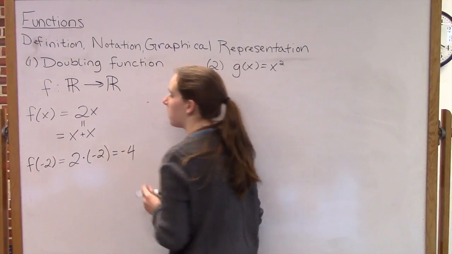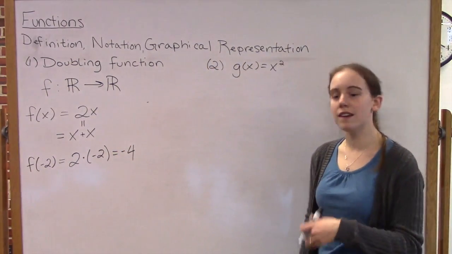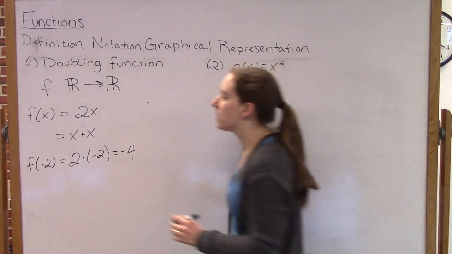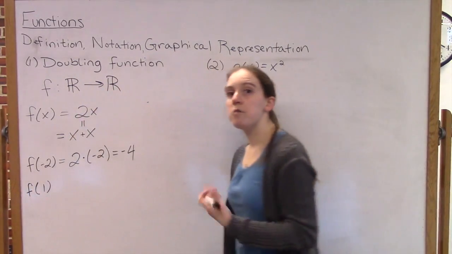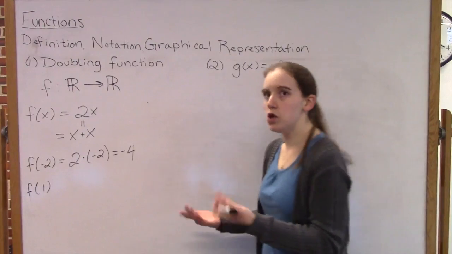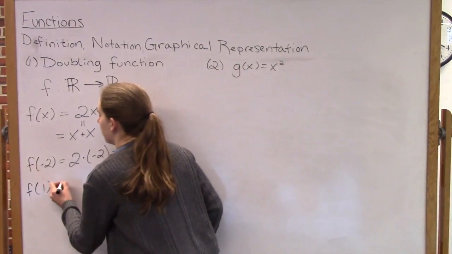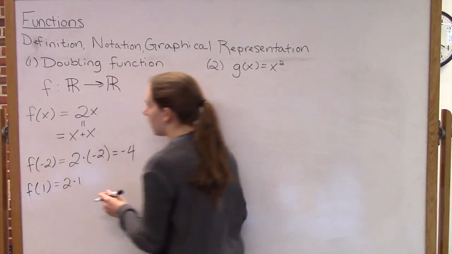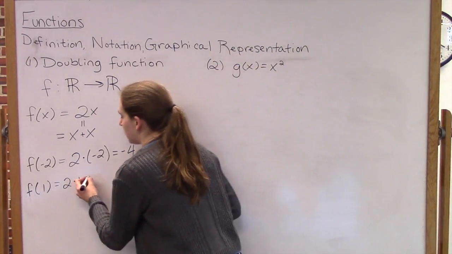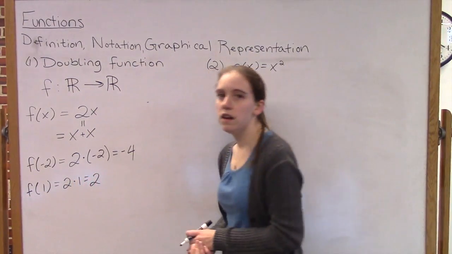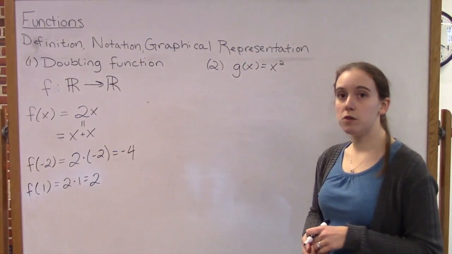So that tells me that f of negative 2 is negative 4. We could also write f of positive 1. f of 1 will just be 2 times 1, because I substitute in that 1 for my x. Well, that just gives me 2. So that means f of 1 is positive 2.